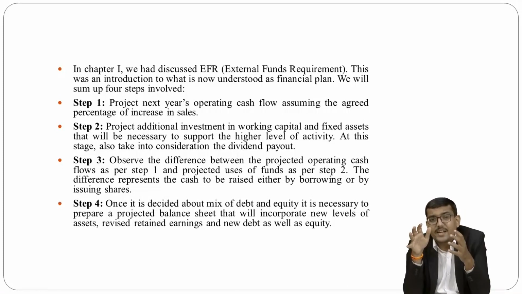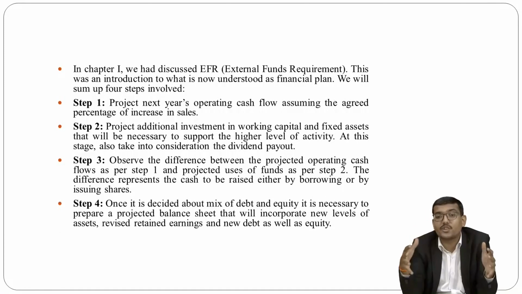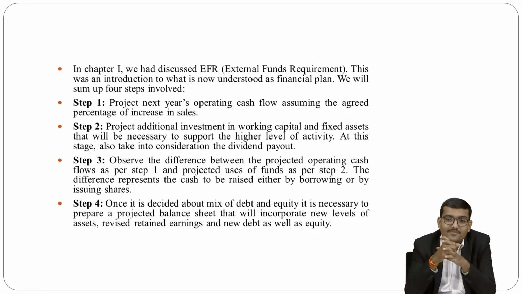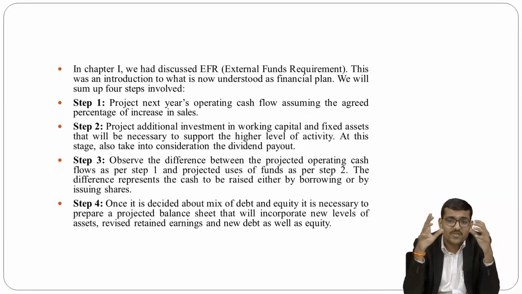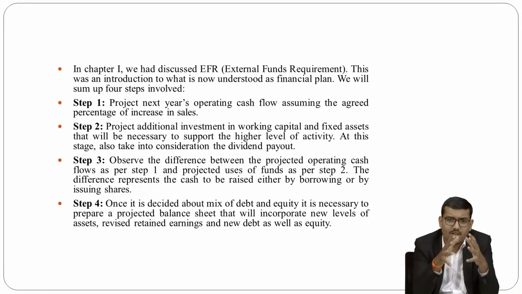But that was an introduction to what is now understood, that is, a financial plan. In that chapter we just analyzed and evaluated the concept of EFR. Now you have to justify it with the financial plan. So we will sum it up with 4 steps.